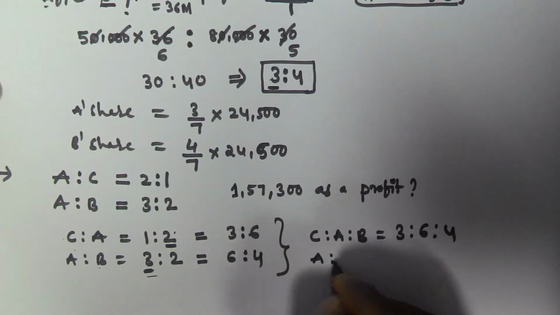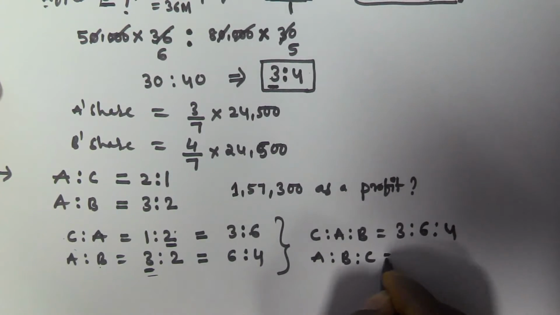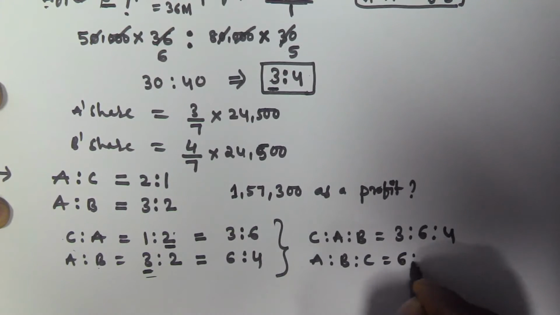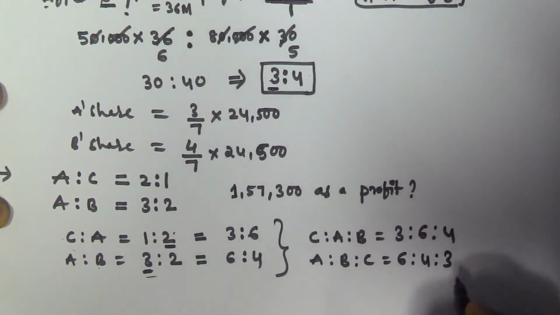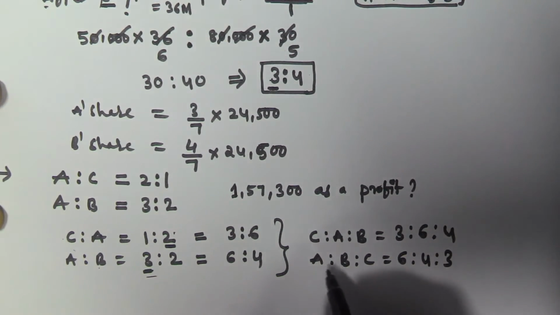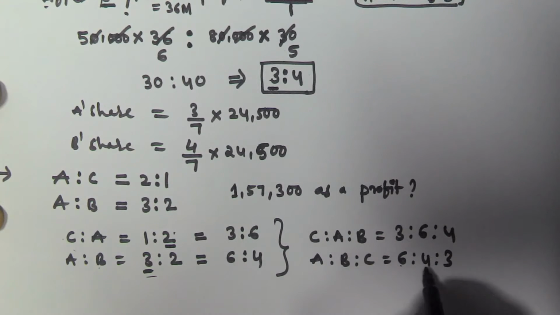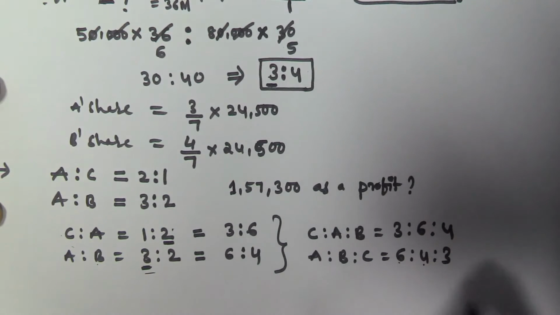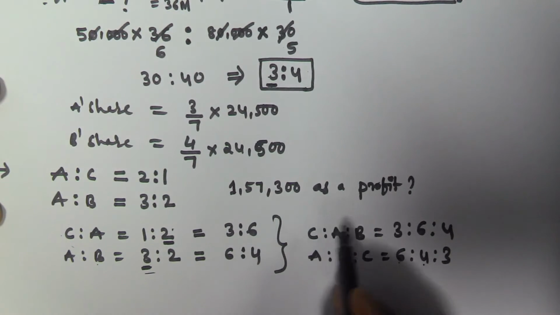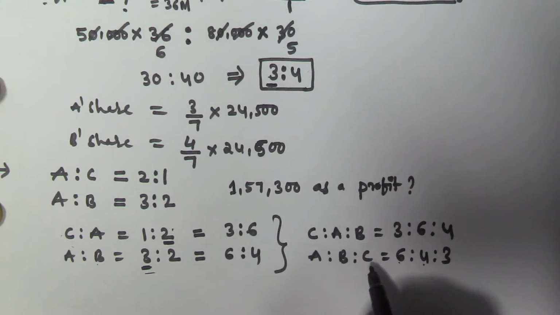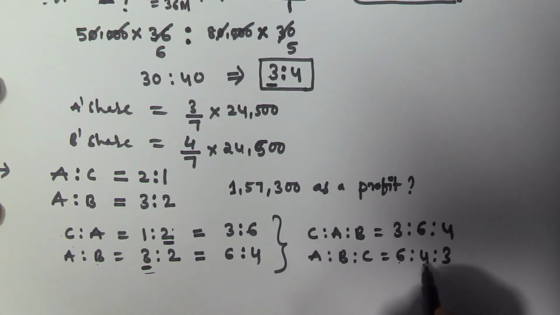So this same I can write as A ratio B ratio C is equal to 6 ratio 4 ratio 3. That means the profits are shared between them in the ratio 6 ratio 4 ratio 3. So we have to find the share of A, B and C. 6 plus 4 is 10, 10 plus 3 is 13.